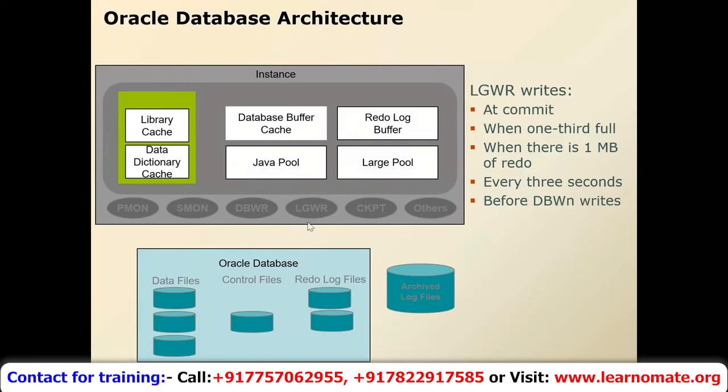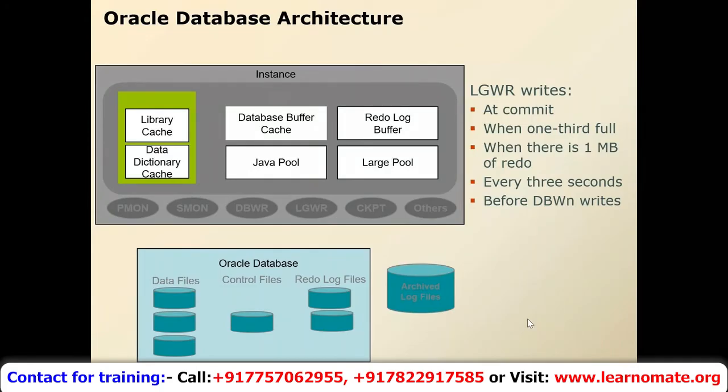So the data from the redo log file gets flushed to your archive log files. These archive log files are nothing but a backup of your redo log file. Once the data gets flushed from the redo log file, the archive is generated. This archive log file consumes space on your operating system; it resides on your disk.